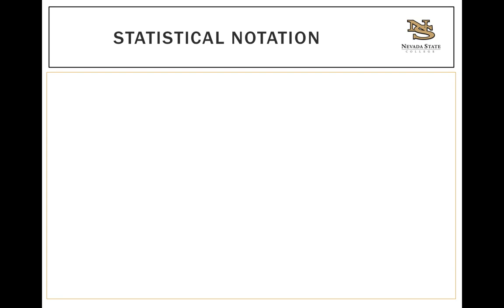So let's go through it one more time using only statistical notation. To find your sum of squares, which is represented by SS, you're going to first find your deviations, square them, and then sum all of those numbers. So it's exactly what we went over on the last slide, only now I'm giving it to you with statistical notation.